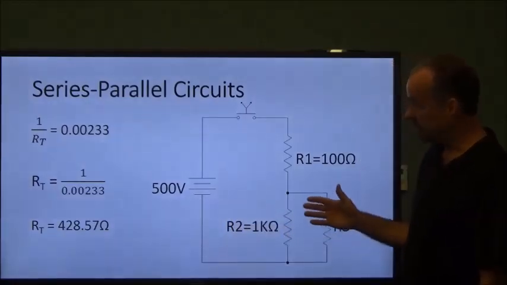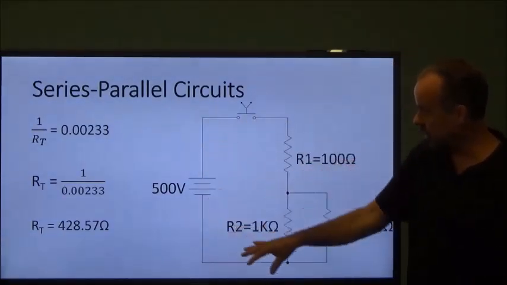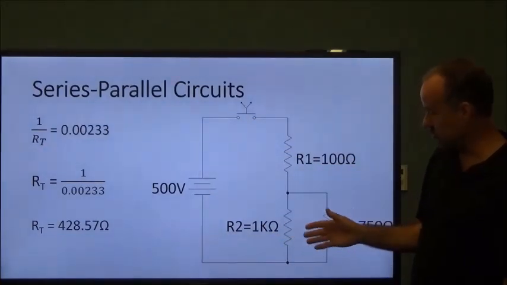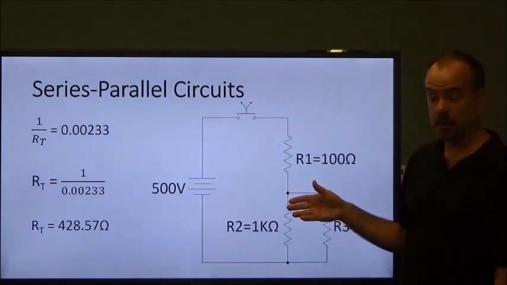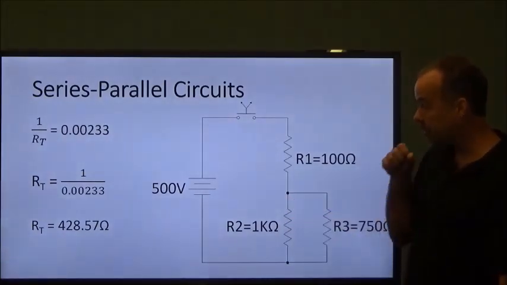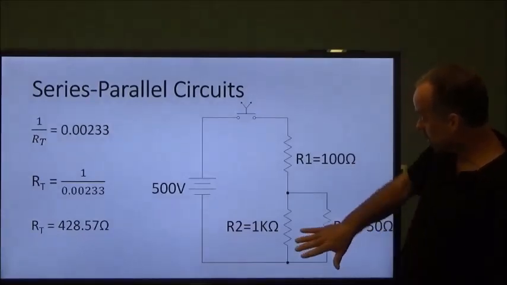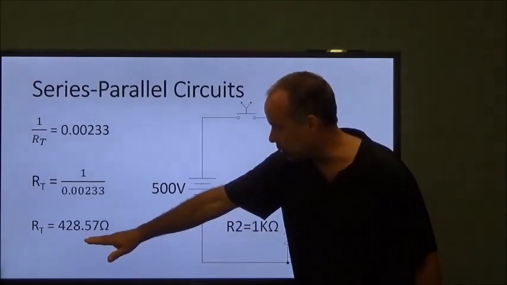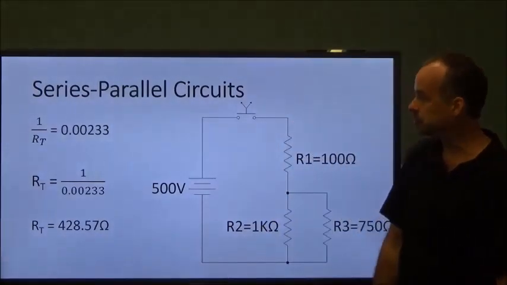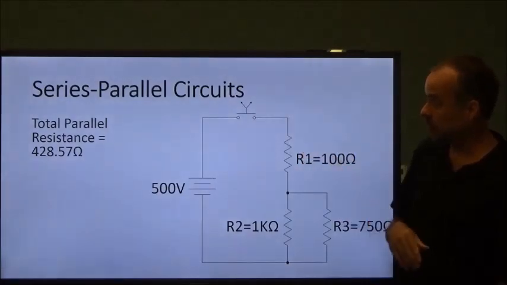All I've done so far is take these two resistors, ignore everything else, and look at these two resistors by themselves to come up with my total equivalent resistance for this parallel network. So these two resistors in parallel equal 428.57 ohms. Now I know my total parallel resistance.